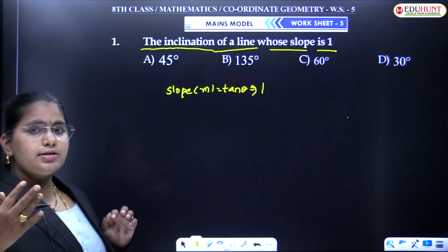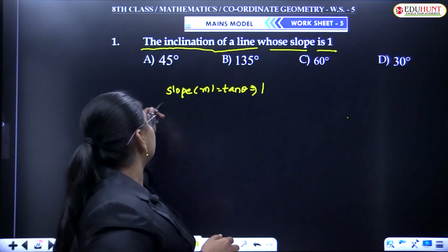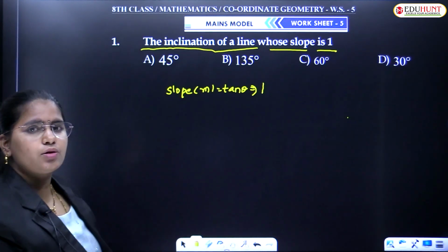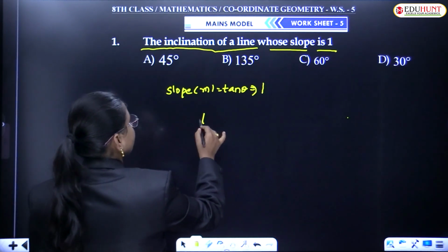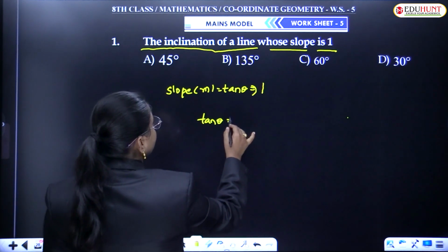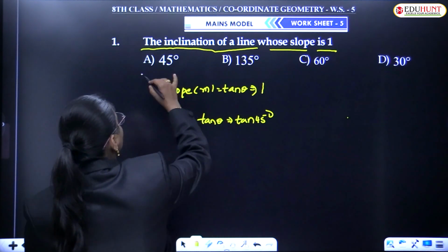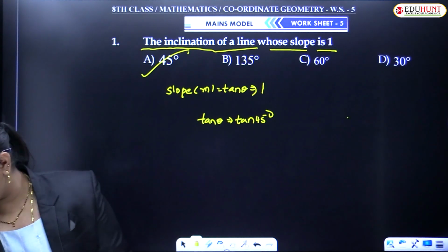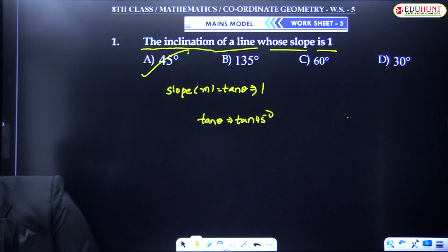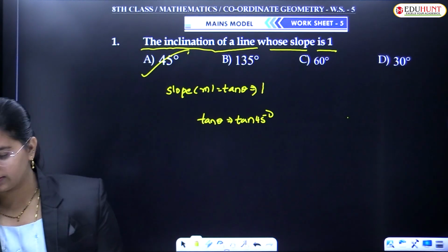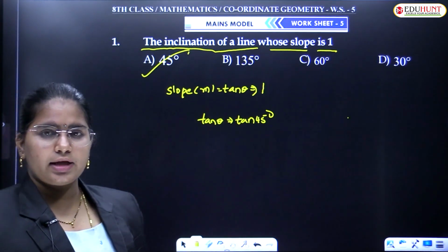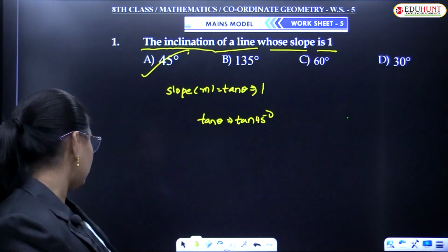At which angle does tan become 1? Tan 45 degrees is equal to 1. You have learned this already, right? Tan theta is equal to tan 45 degrees is equal to 1. Option A will be your answer. Am I clear with this? Can I get to the next question?